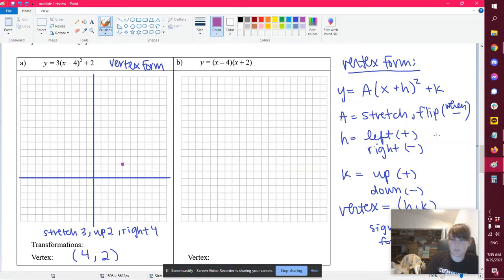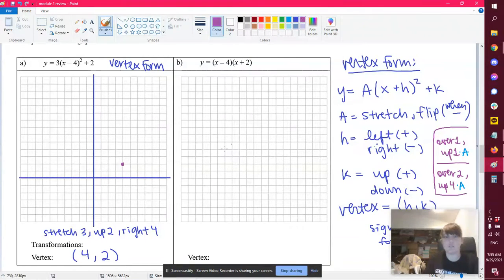Usually, you go over 1 and up 1 to find the first point of your parabola, and you go over 2 and up 4 to find the second point of your parabola. What we actually want to do is multiply that number by a to account for our vertical stretch. So usually if we go over 1 up 1, now I'm going to go over 1 up 3 because my a here is 3.